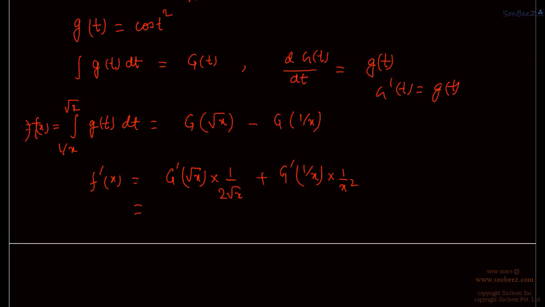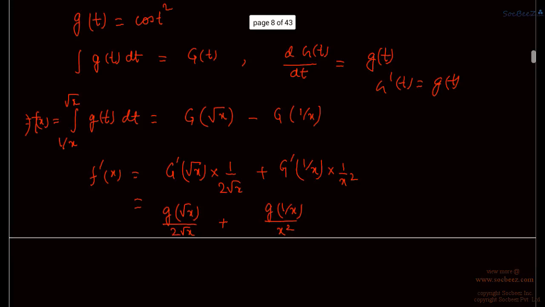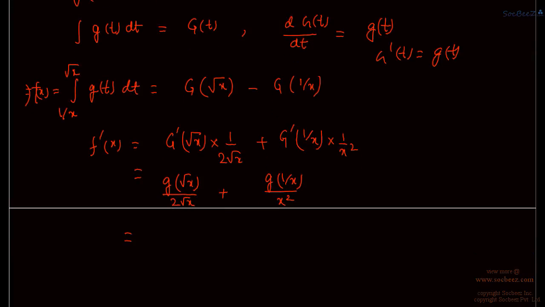Now G dash t is g(t), so we can replace G dash of root x as g of root x times 1 upon 2 root x plus g of 1 upon x times 1 upon x square. This is what the Leibniz theorem is, right? So we have g of root x upon 2 root x plus g of 1 upon x upon x square.